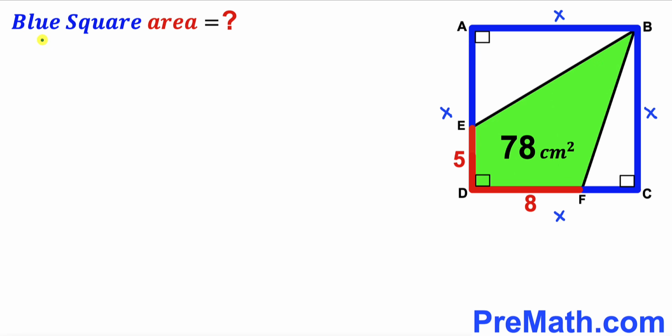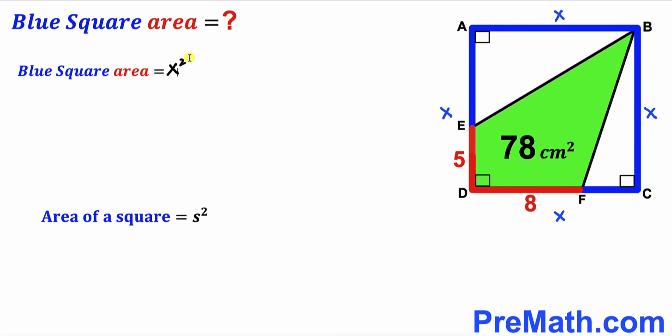Since we are interested in the area of this blue square, let's recall the area of a square formula: area is equal to s squared, where s represents the side length. In our case the side length is x, so the blue square area is simply x squared. Now our task is to find the value of x squared.